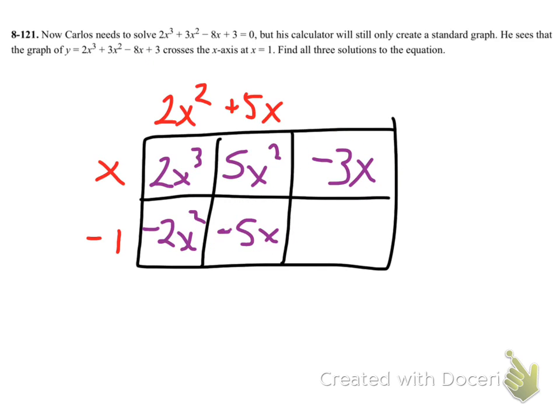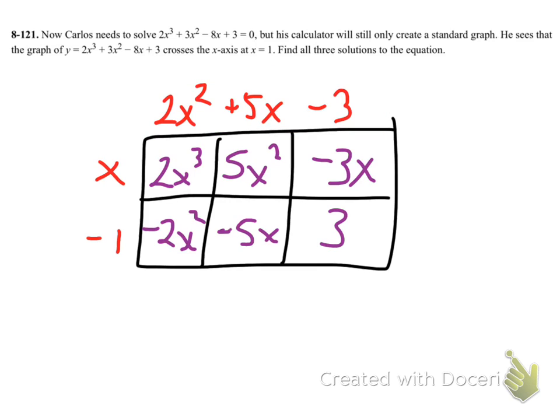Once I have that, I can once again get what goes on top, which is now a negative 3. And when I figure out my last box, negative 3 times negative 1 is going to give me a positive 3, which is my constant term, so it divides evenly. So I know that I did my polynomial division correctly, and this is my other factor.